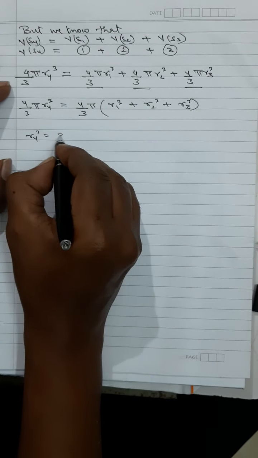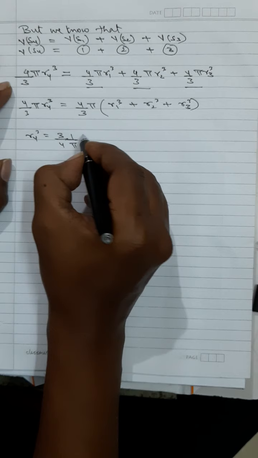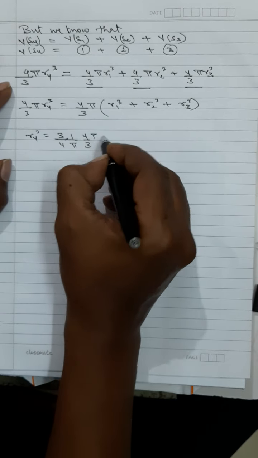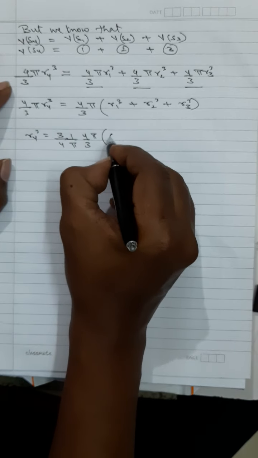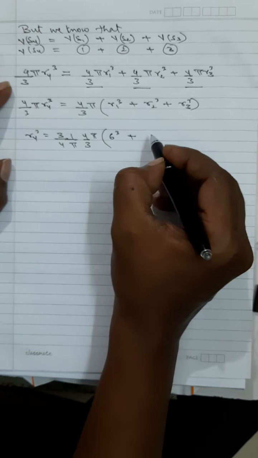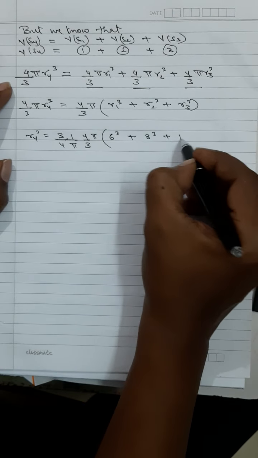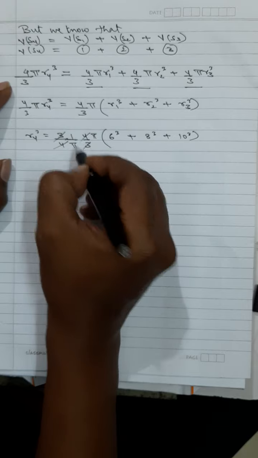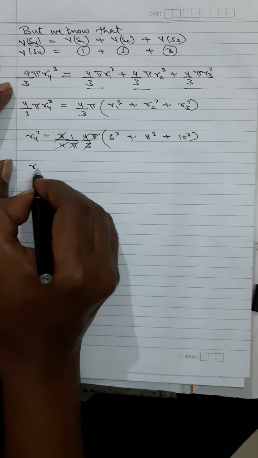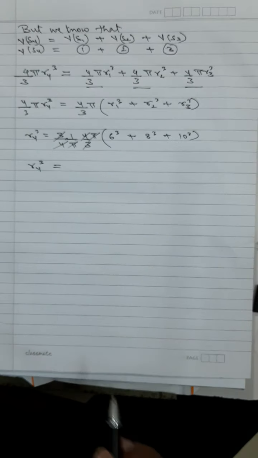Now 4 upon 3 goes over there, it becomes 3 upon 4. Pi goes over there, 1 upon pi. R1 is actually equal to how much? 6 cube. R2 is equal to 8 cube. R3 is equal to 10 cube. Now here 3 cancels 3, 4 cancels 4, pi cancels pi. You have got R4 cube is equal to, now this we will have to start solving.